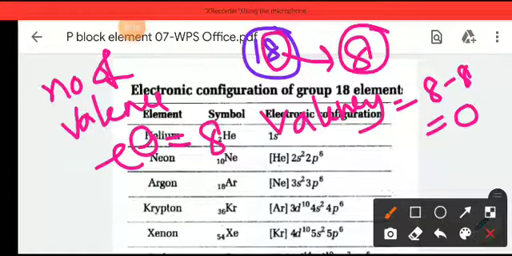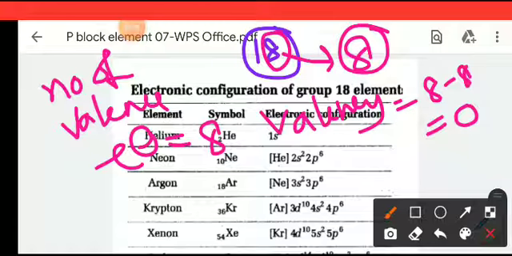Generally, apart from some reactions that occur in xenon compounds, they do not undergo any reactions as they are already highly stable. So as they are highly stable, the reactivity is very low.